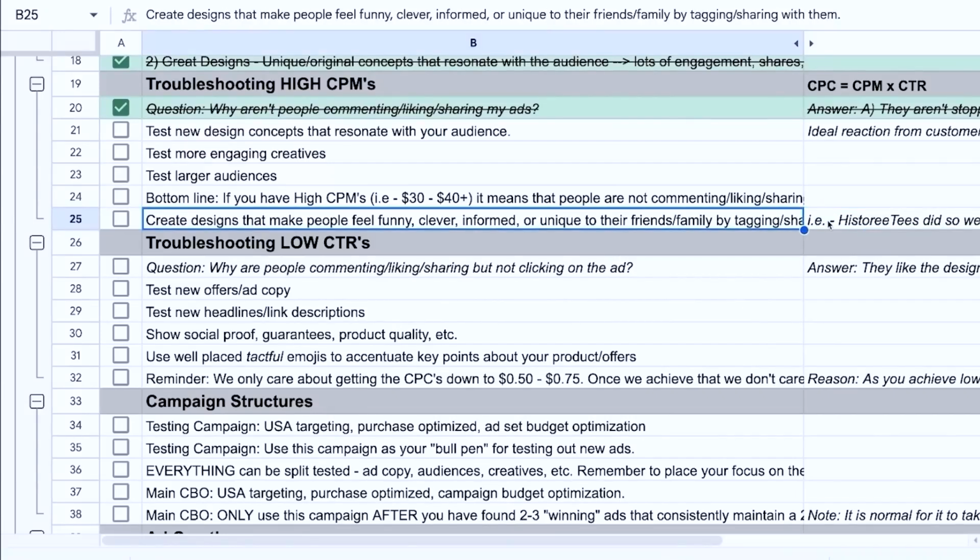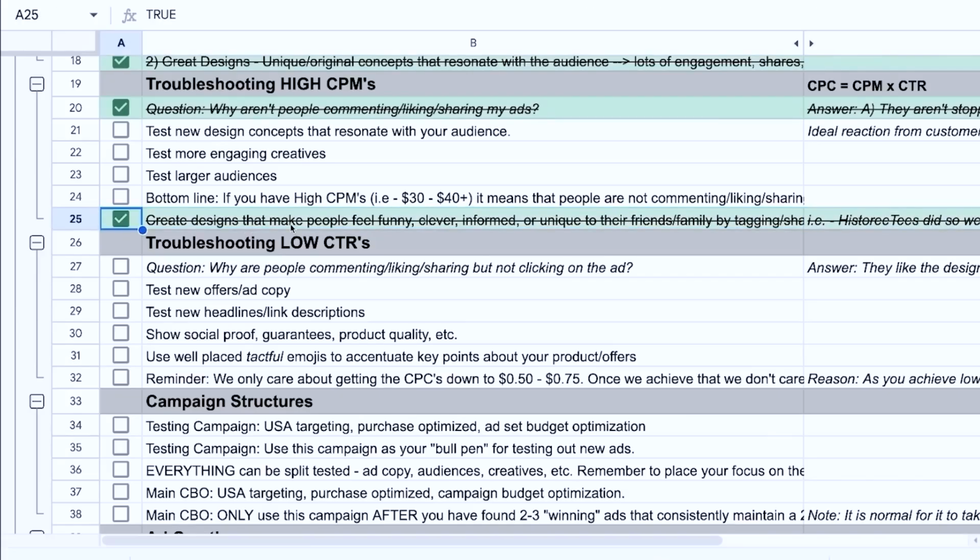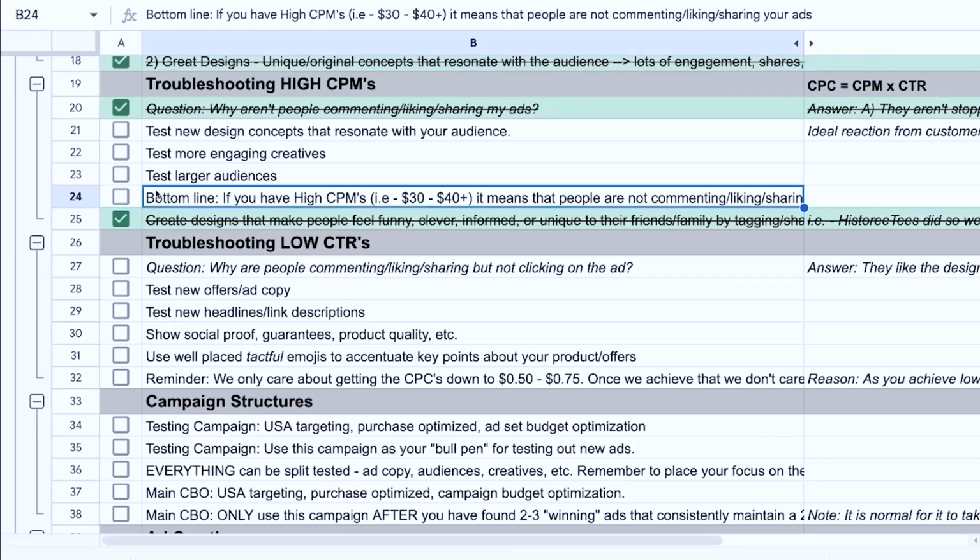Now that's just to demonstrate an example of a way that you can lower CPMs. It's not saying that every single design, far from it, needs to be some kind of inside joke or secret handshake that only your niche gets. That's just one way you can do it. For example, in seasonal collections, those minimalist line art designs were getting decent engagement from people.